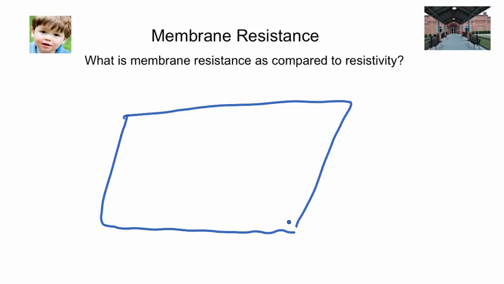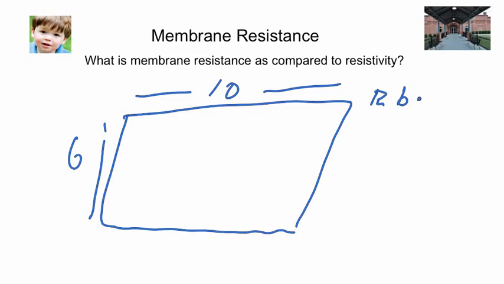If it's a bigger sheet, it will have a lower resistance because there are more places for the current to go through. So if the sheet has dimensions, and just for discussion, let's say it's 10 units this way, and 6 units this way, then those dimensions 10 and 6 would become a part of the resistance. So the resistance R is based partly on the dimensions.